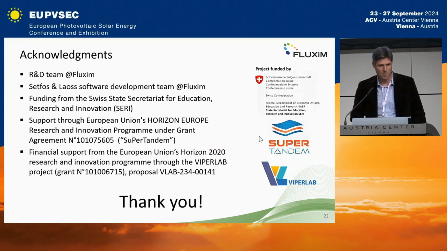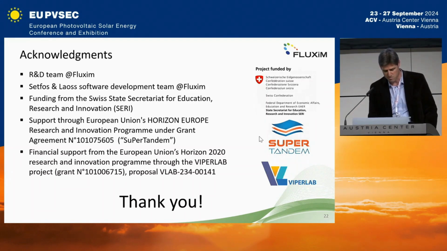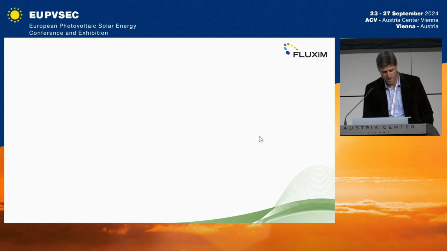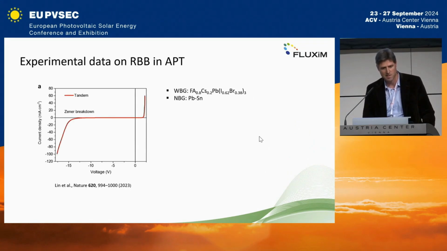So I guess the picture might be much more complicated. However, there are measurements, they look like this, and this is very close to what we simulate. So this is an actual device that was measured. So it seems to be possible that you find this behavior.